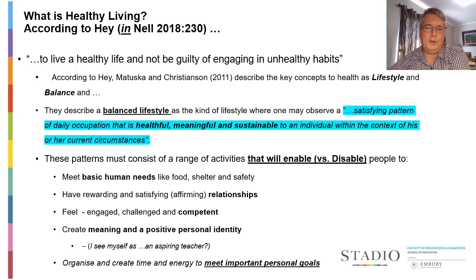And so what we need to see here is that this pattern consists of a range of activities. These activities must meet basic human needs. Generally speaking, people can say that having a job would do this in the modern world.